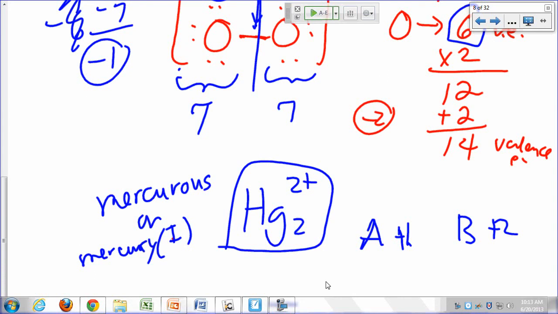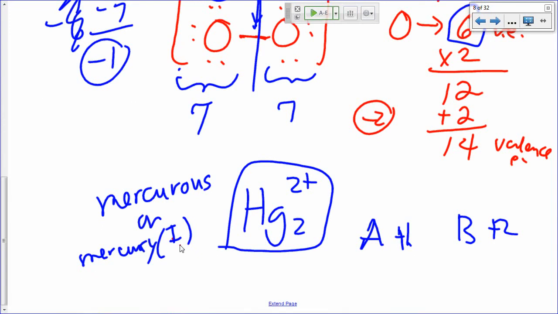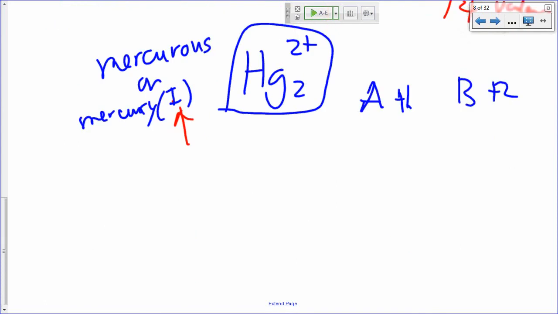So since the overall charge is plus 2, it's as if each one has a charge of plus 1. So we say the oxidation state is plus 1. They don't have a charge of plus 1. They have an oxidation state or oxidation number of plus 1. And that's really what that Roman numeral means. It's not really the charge. When you attach it to the name for a transition metal, that's actually the oxidation number.